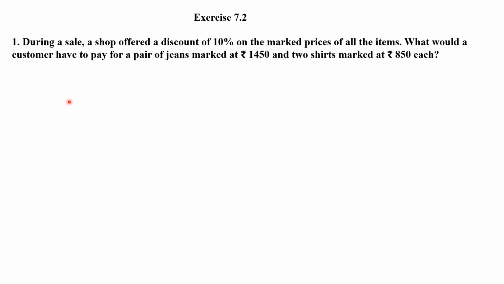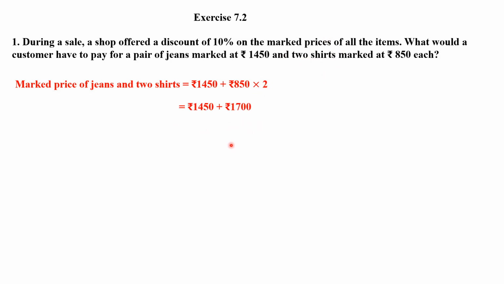So now first of all, I am going to find the marked price of jeans as well as 2 shirts together. So marked price will be 1450 rupees plus 850 rupees multiplied by 2, because he has purchased 2 shirts. So the total marked price from here I am going to get as 3150 rupees. Now here the shop was having an offer.